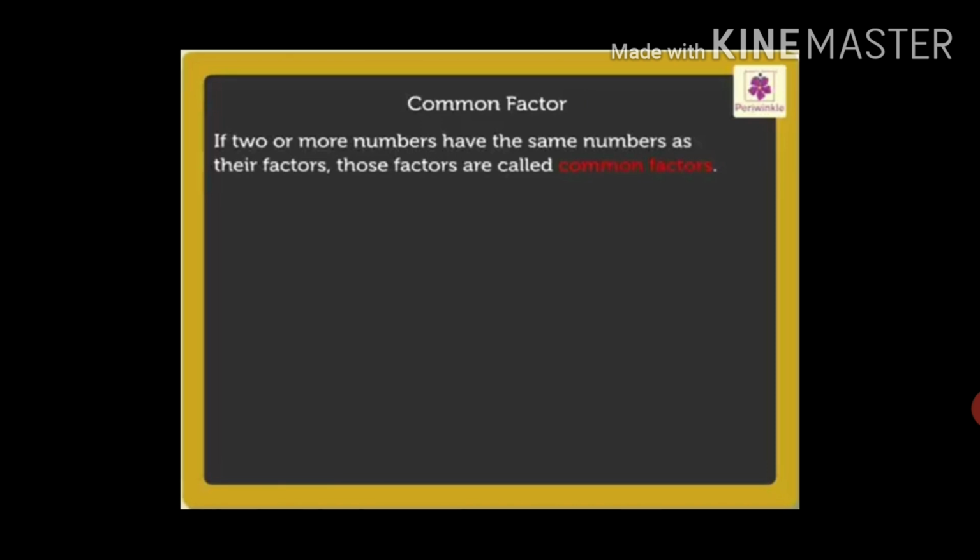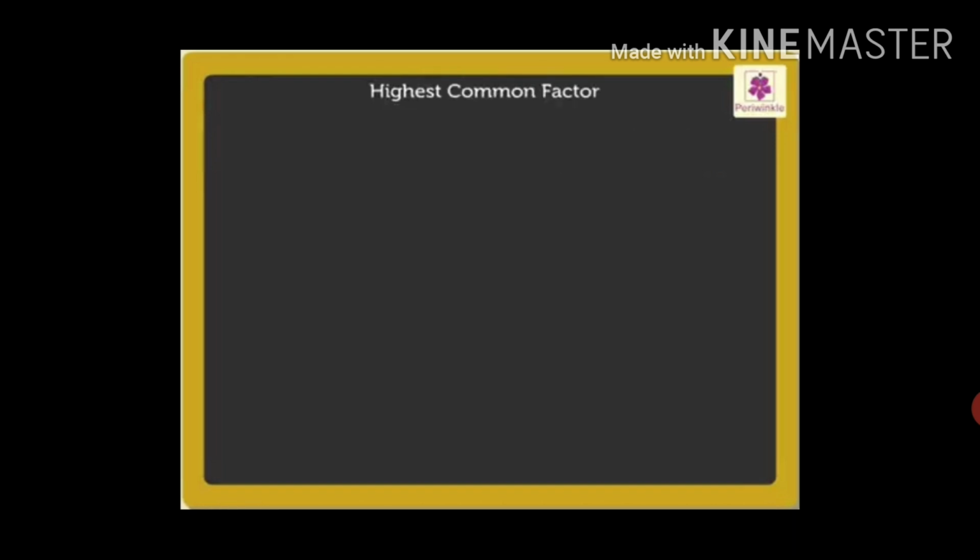Now let us see what we mean by the highest common factor. To understand it better, let us solve an example. Find the HCF of 15 and 25. We will follow a three-step process to find the highest common factor.